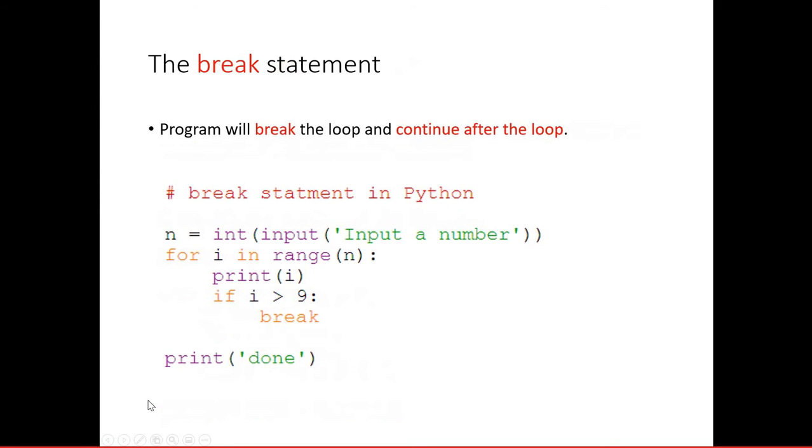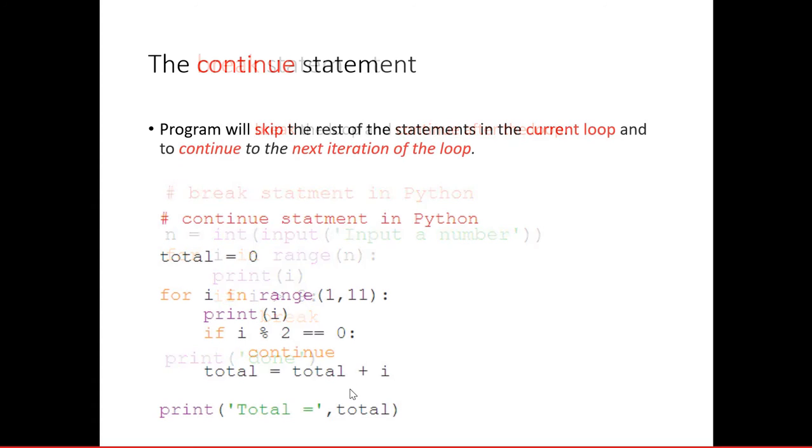Now in here, for example, what happens? Whenever you meet break, you come out from the loop. That's exactly what has happened with the break statement. Continue, on the other hand, whenever it meets continue, it will go to the next iteration.